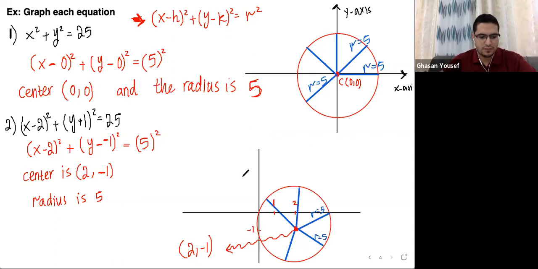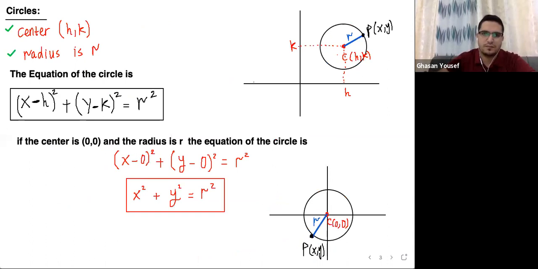Any question? Why is it positive 2? Because if we go back to the original formula, (x minus h) squared plus (y minus k) squared equals the radius squared. This is the original formula. And what is the center for this one?